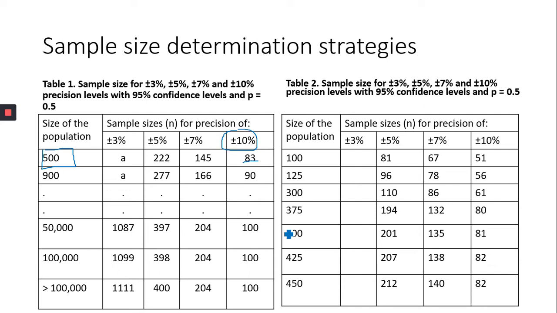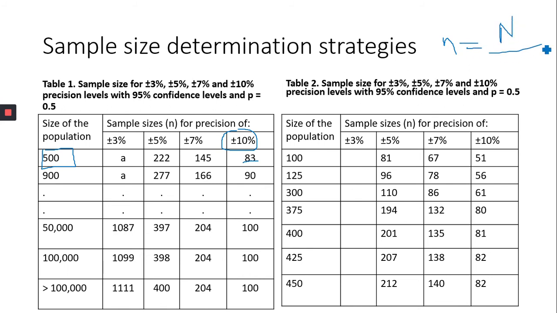So in most cases, when you want a sample size of 83, you don't go and ask 83 people. You send even 120 or so to make sure that when you factor in non-response and so forth, you end up having 83.